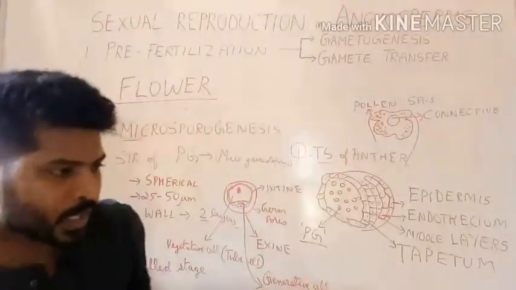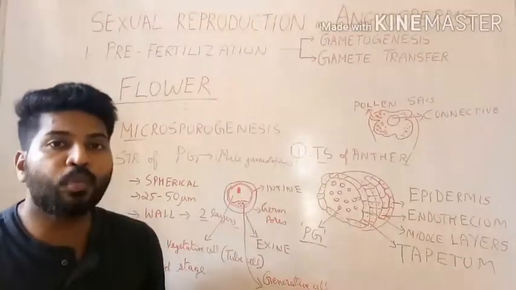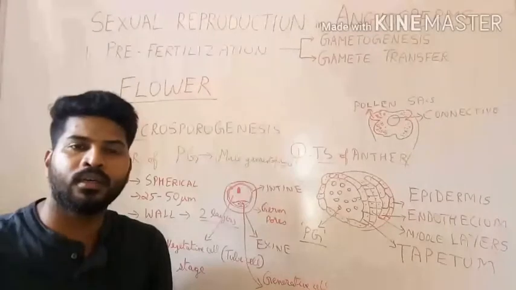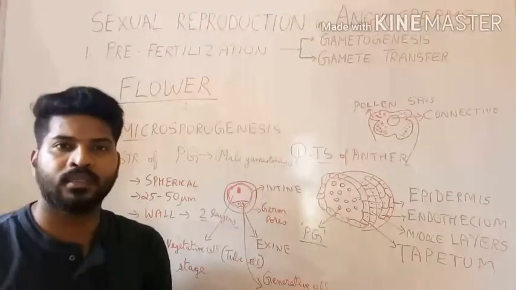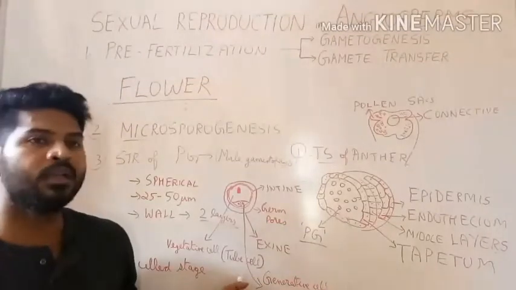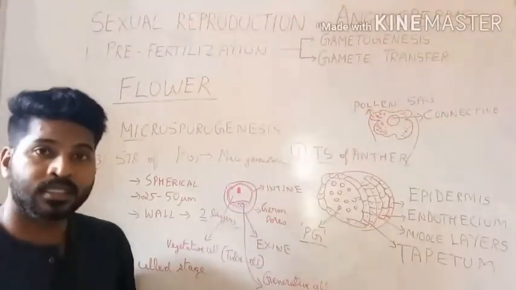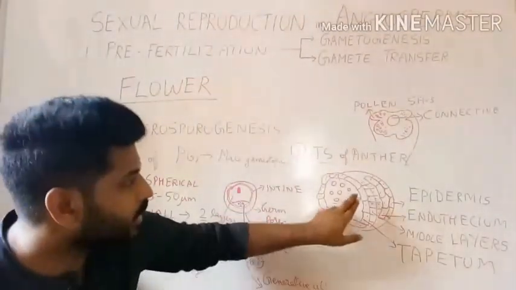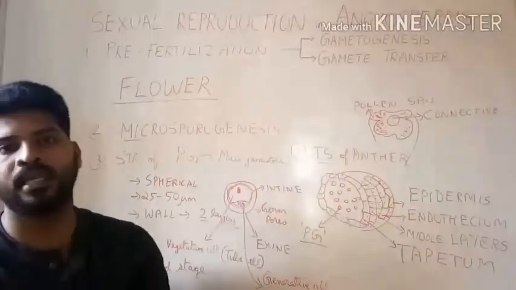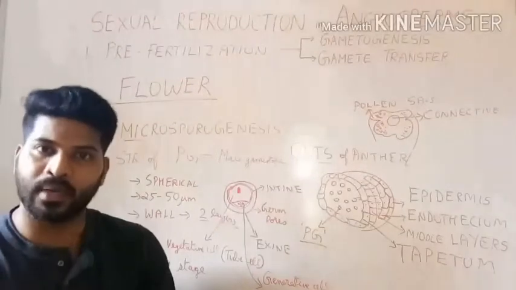For example, some people are allergic to pollen grains. When you take a walk in the forest or near the grasses, people develop allergy. This is because of pollen grains. Pollen grains are rich in nutrition. Pollen tablets are used as food supplements.